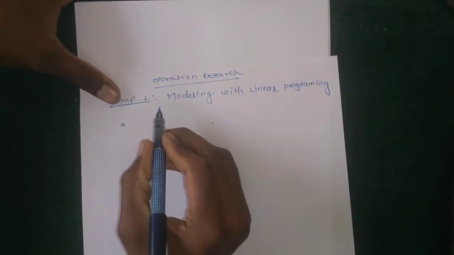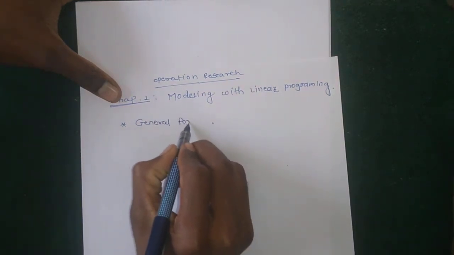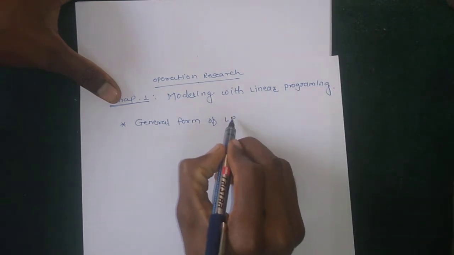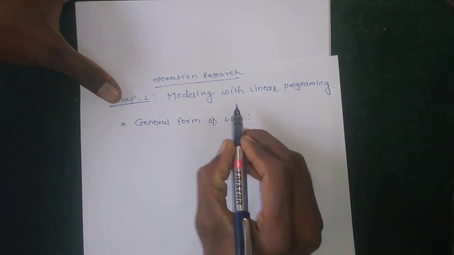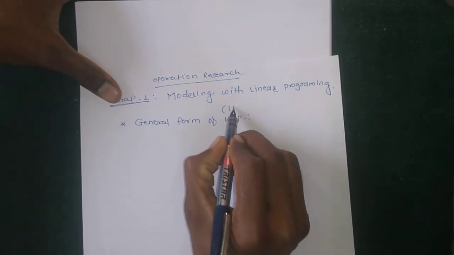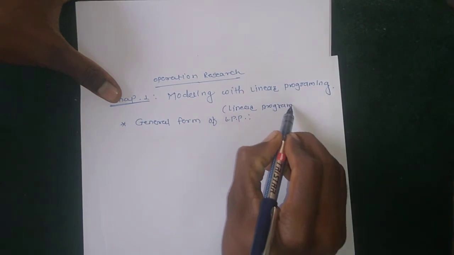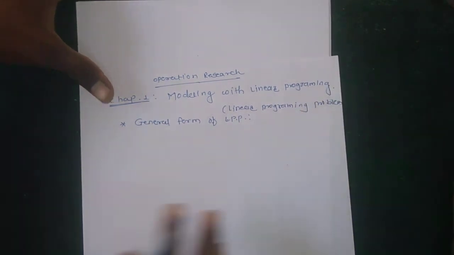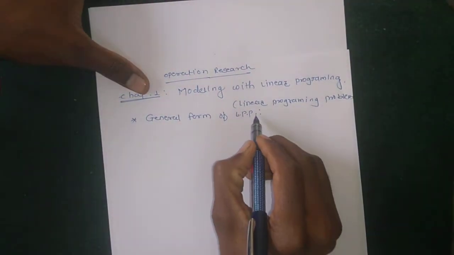The first point is the general form of LPP. LPP means linear programming problem. This is the long form of LPP.